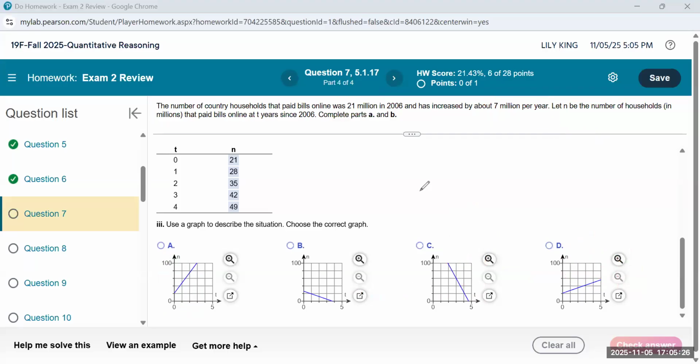The highest value on the table for n is 49, and that has a time of 4. The lowest value for n is 21, that has a time of what? 0. So the graph that makes sense here is D.